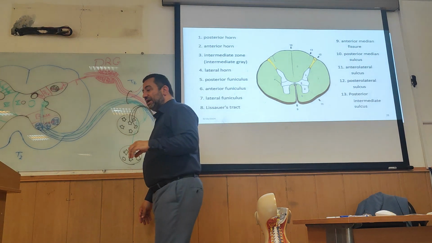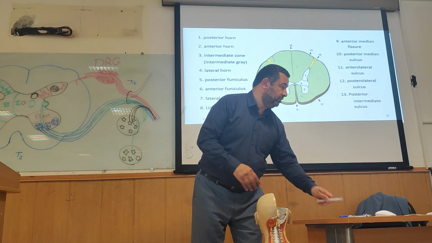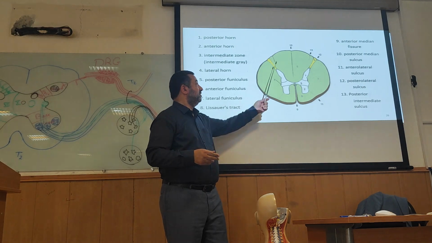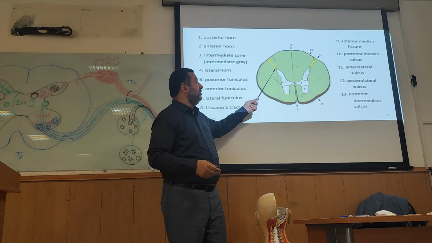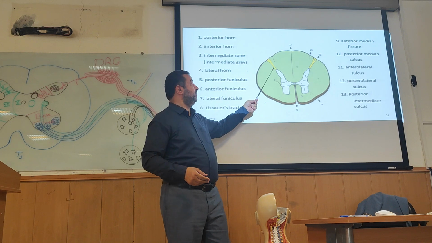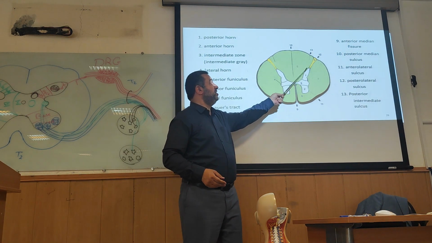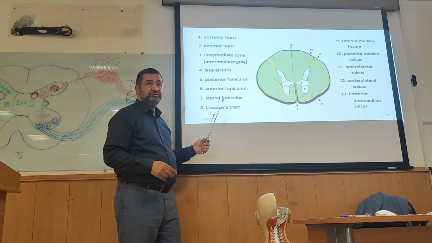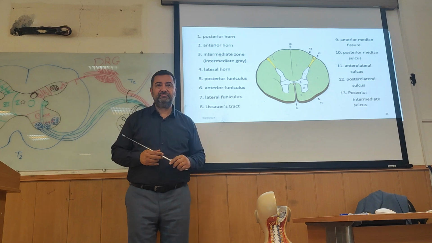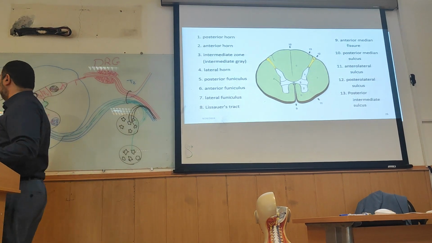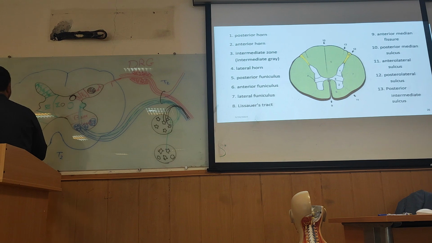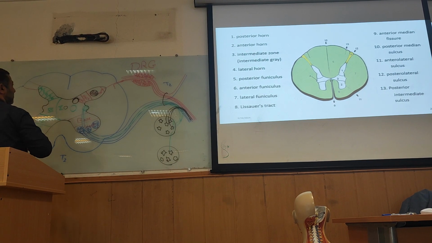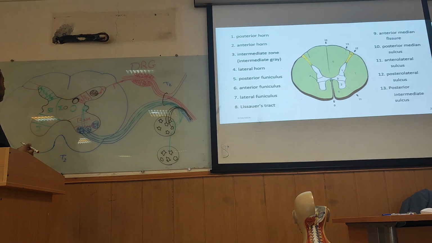You see here a transverse section of the spinal cord. Between the apex of the posterior gray column and the posterolateral sulcus, this yellow area is called the posterolateral tract or Lissauer's tract. Lissauer's tract is located between the apex of the posterior gray column and the posterolateral sulcus here.